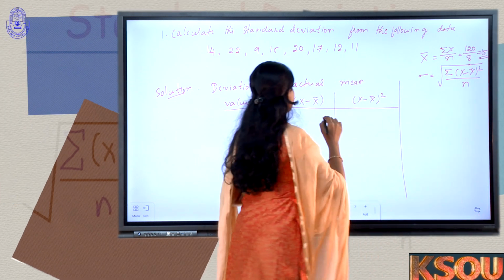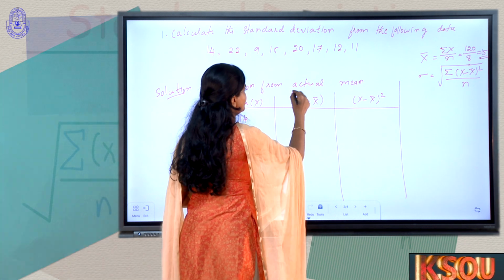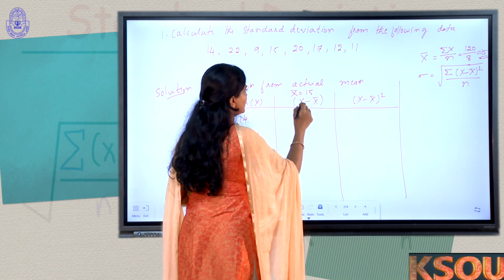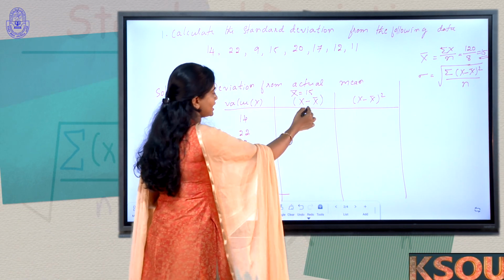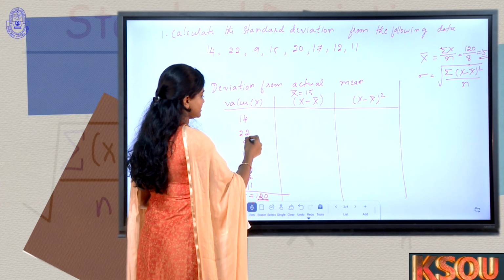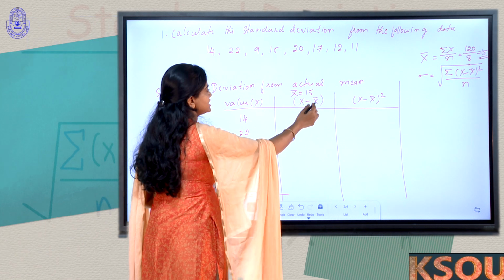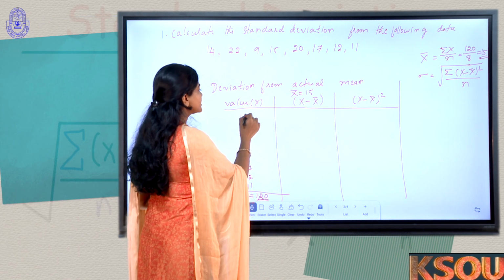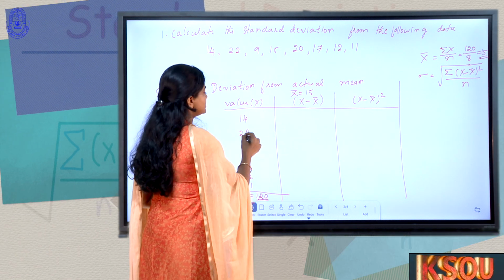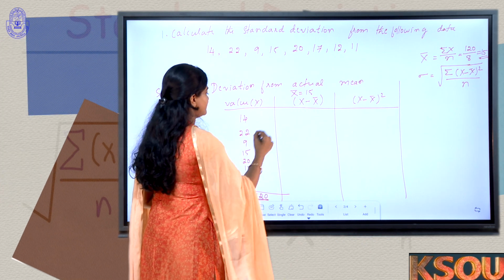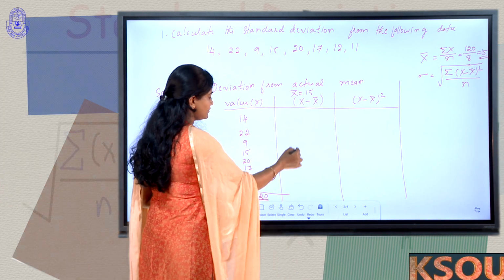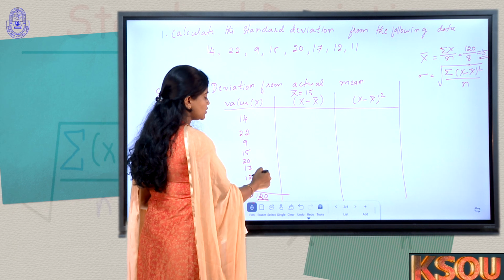So x bar here is 15. Now we will take this 15 as a constant value for each data and calculate the value x minus x bar. Suppose for the first one take 14 minus 15, second one 12 minus 15, 9 minus 15, like that we will have to do it for each individual case.